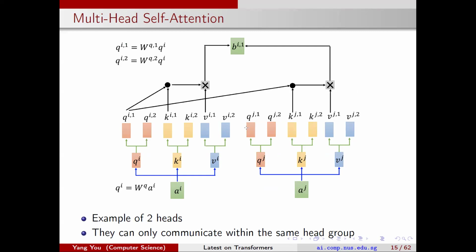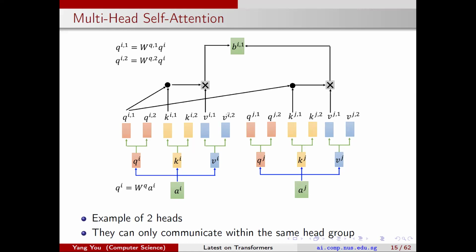That's why we need to build different heads. So in this example, say each token has two heads, which means we have two kinds of attention. Each head can only communicate within the same head.